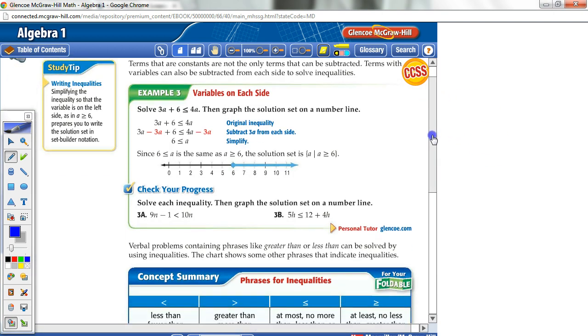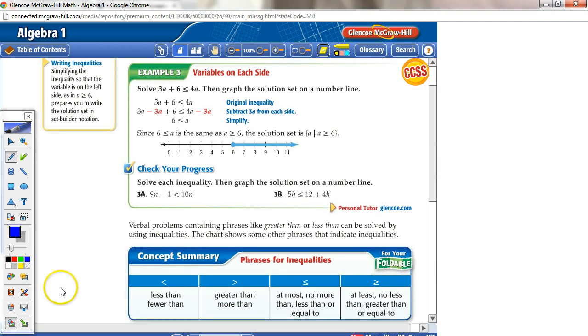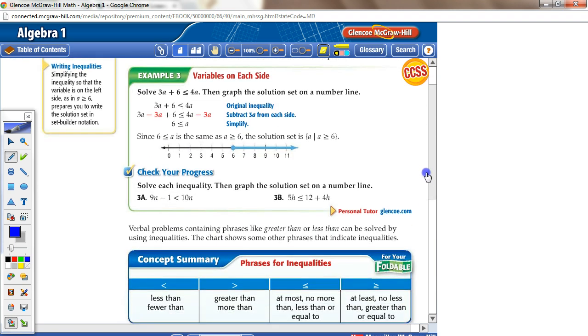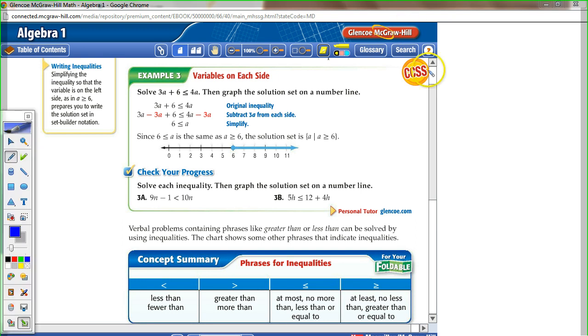Now, when you have variables on each side, it's just the same as how we would solve an equation. So if you had 3a plus 6 is less or equal to 4a, what you want to do is get all the variables on one side.